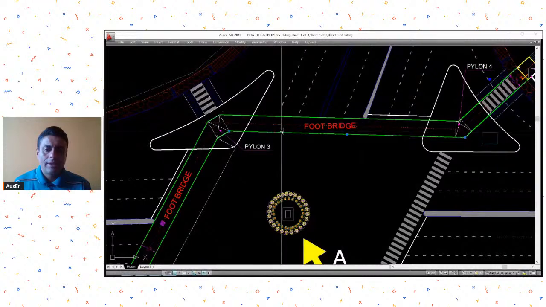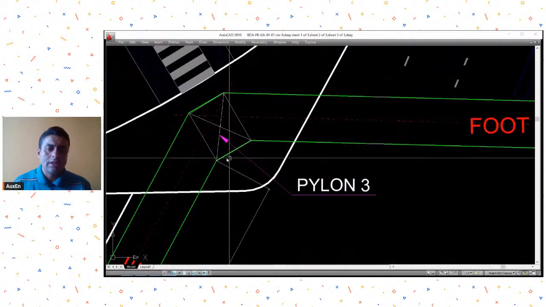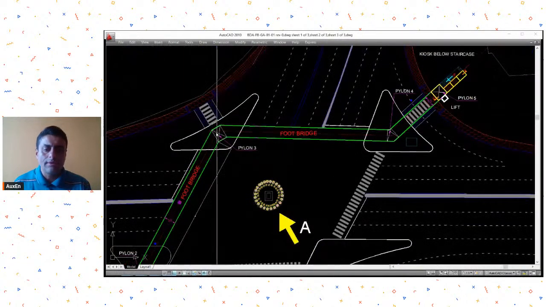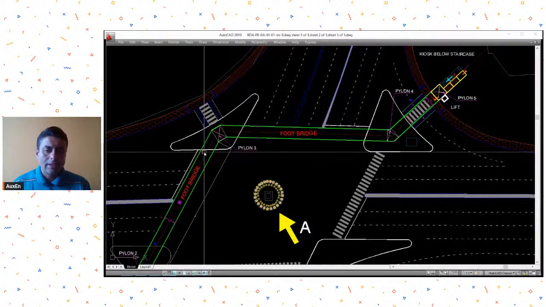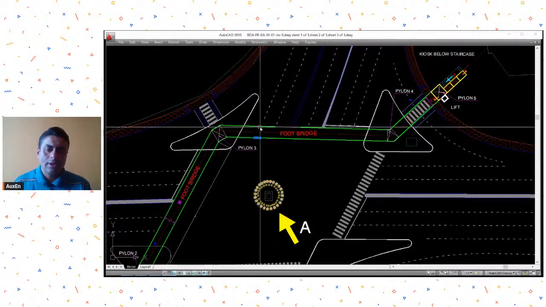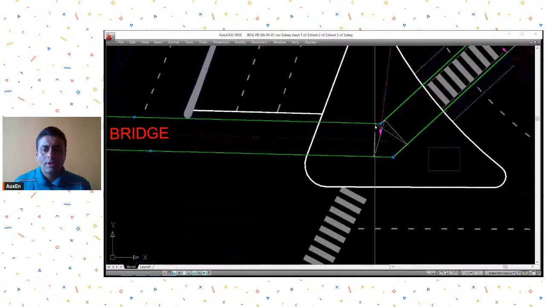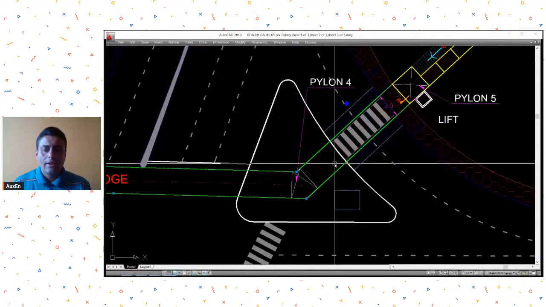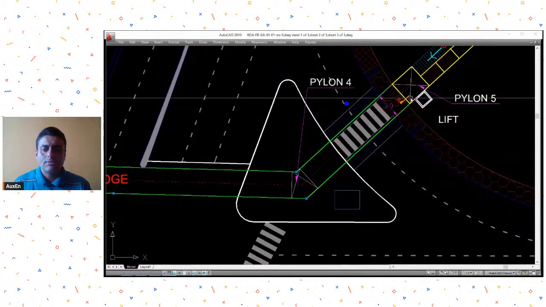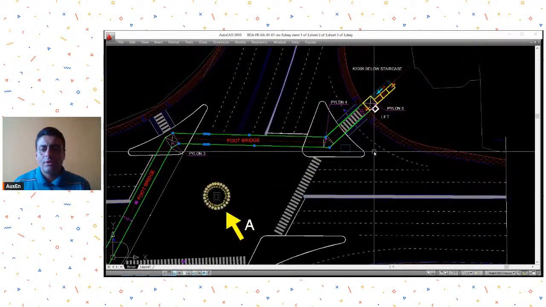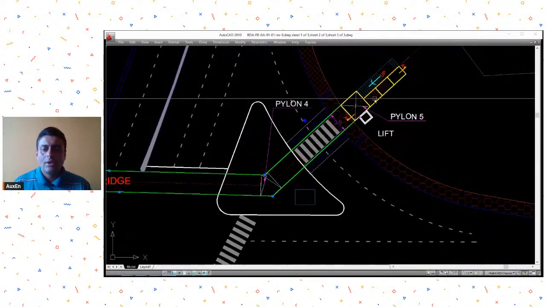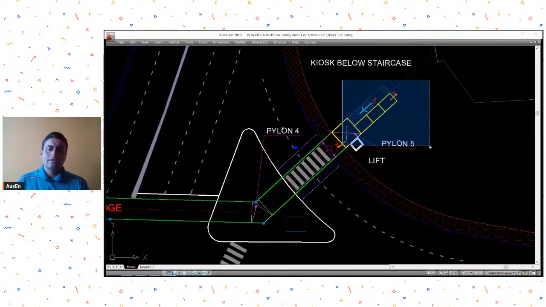There is no staircase to get down at this location. The bridge is taking a turn over here, and then you have the second span of this bridge, again around 45 meters. Then there will be another column support over here, and then you cross a small left turn, and then you reach the staircase system.